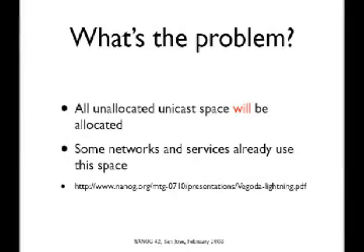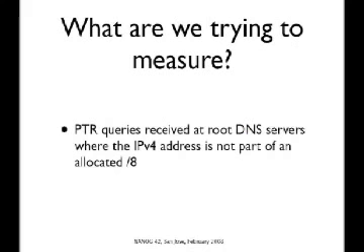Unfortunately, the move to IPv6 isn't going to be that fast, and we're going to need all this IPv4 address space. The problem is that some networks are already using this address space, and that means that there are potential addressing conflicts when you've got multiple networks using the same addresses and all thinking that they should be using them. So that's the problem.